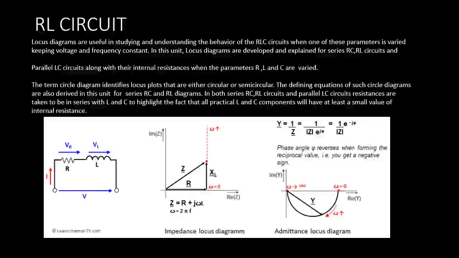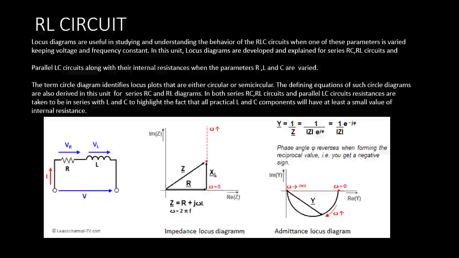The term circle diagram identifies locus plots that are either circular or semicircular, and the defining equations of the semicircle diagrams are also derived in this unit for series RC and RL circuits.